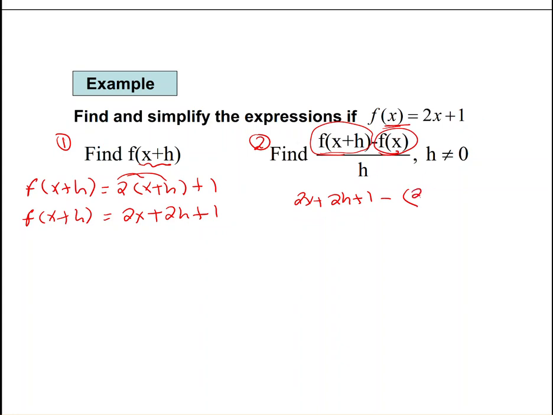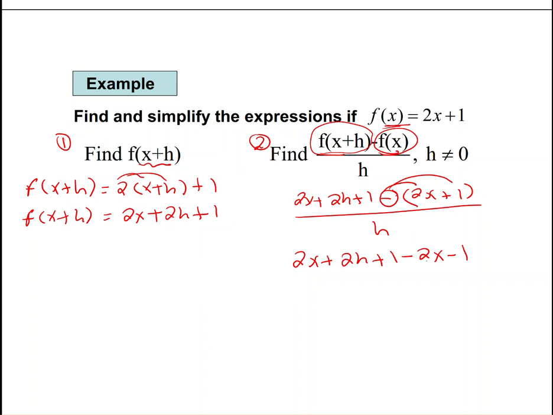So minus 2x plus 1, all divided by h. Now, you're going to simplify this as well. Now remember, when you have a minus in front of a set of parentheses, you treat that as negative 1 and you distribute. So the opposite of 2x plus 1 is minus 2x minus 1, all divided by h.